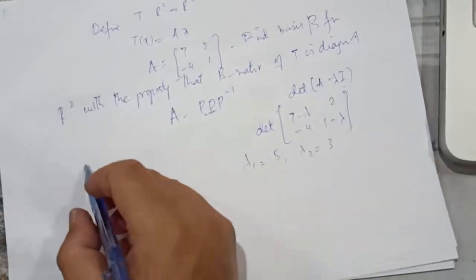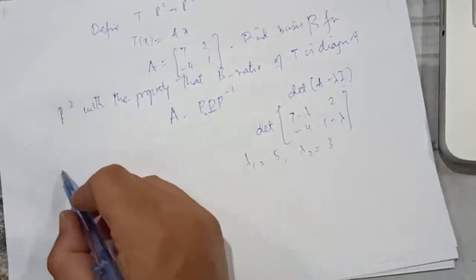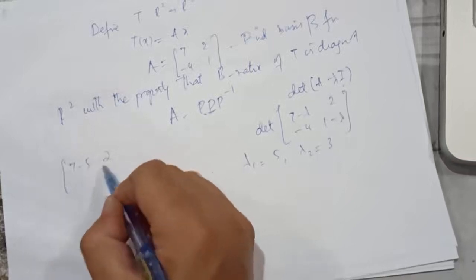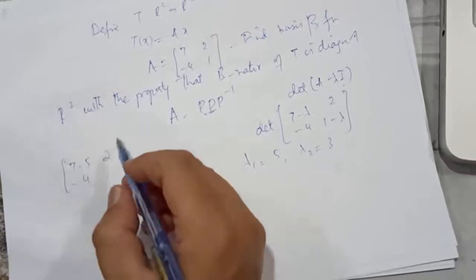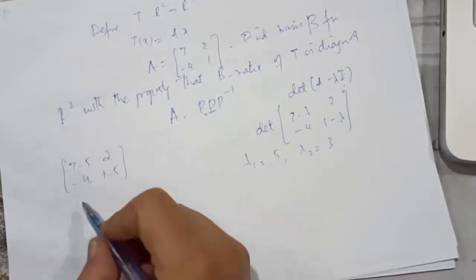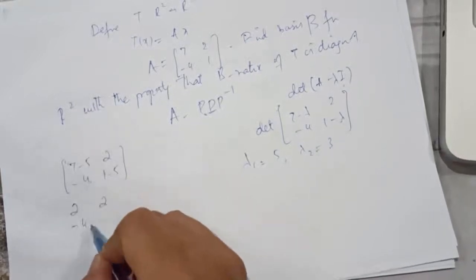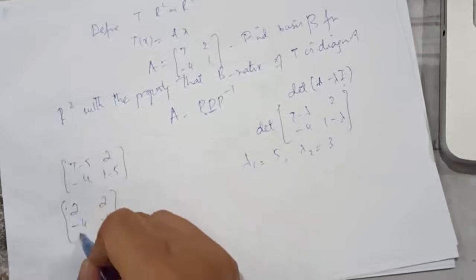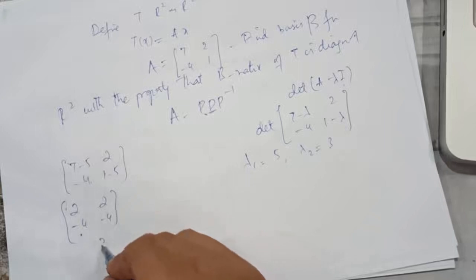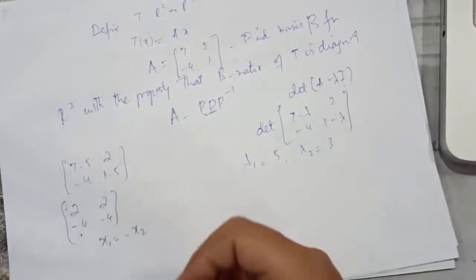And you can actually find the corresponding eigenvectors, which is 7 minus 5, 2, minus 4 and 1 minus 5. That leads to 2, 2, minus 4, minus 4. So if you multiply by 2 and add them up, you have x1 equals minus x2, and so on and so forth.